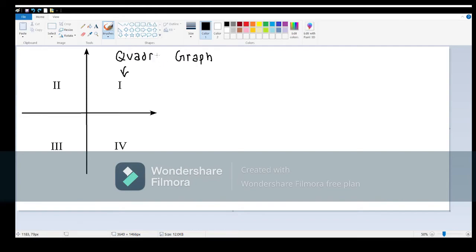Okay, so what do we need to do about graph and quadrant? I just want you guys to know where sine, cos, tan would be plus or minus. So there are 4 quadrants on the graph, 1, 2, 3, and 4. And since sine is associated with y, it will be positive.